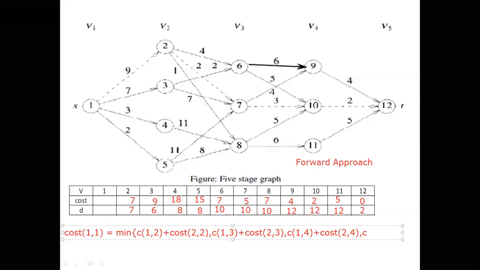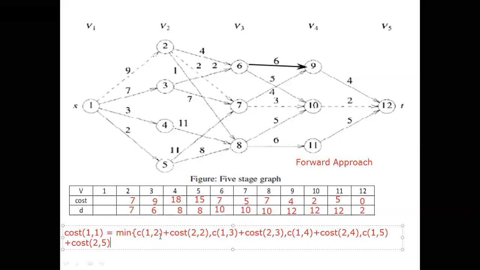C of 1, 5 plus cost from 5. How to write cost of 2, 5? Cost of 2, 5. Now I will calculate the value.